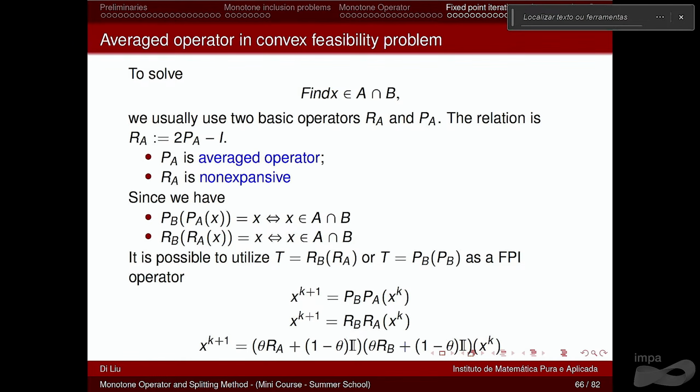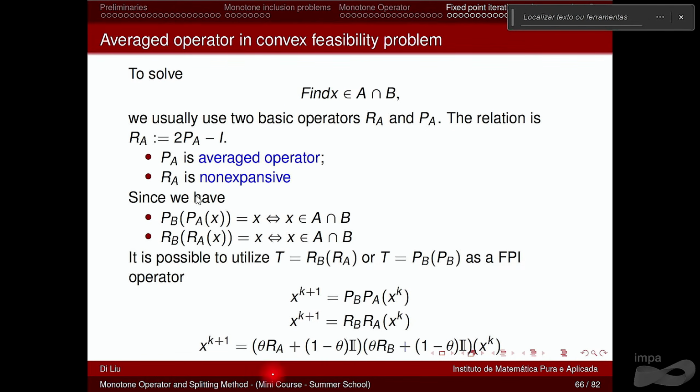We may have a doubt here. Since we already have the composition of projections, which can guarantee convergence, why do we still use the reflection? Because in some cases, when the interiors of A and B are non-empty, the reflection operator RA could accelerate the convergence.